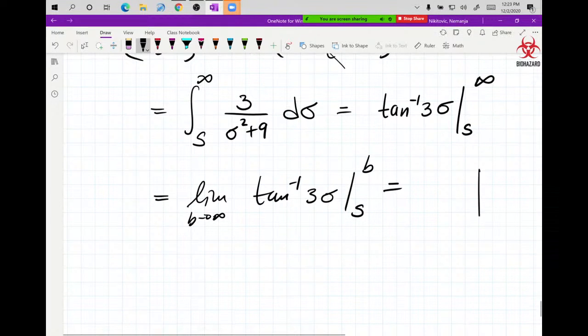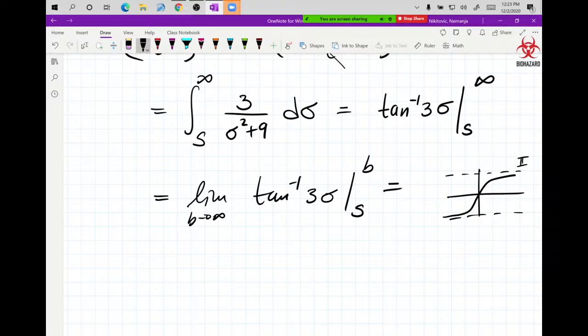And inverse tangent has a horizontal asymptote, pi over 2 as the limit goes to infinity. So this is pi over 2 minus tangent inverse of 3s. There you go.